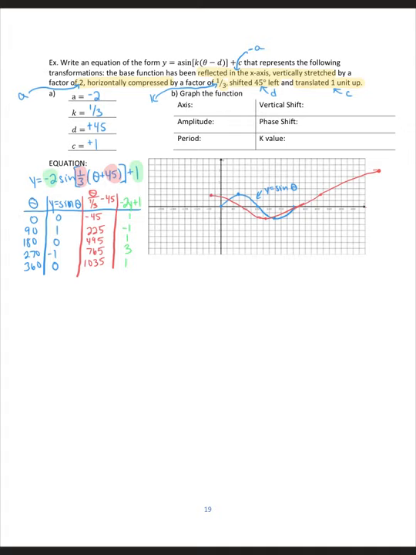Okay, so we have our table completely filled in, and then we've graphed the points we have. If we wanted to extend this on the left-hand side, we would just have to figure out what the pattern is here. So it looks like we have a key point from 225 to negative 45. Okay, so to go from 225 to negative 45, we have a key point every 270 degrees.